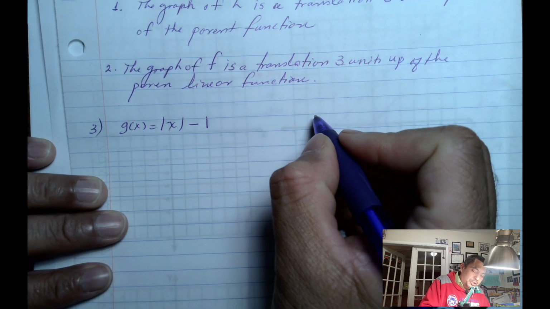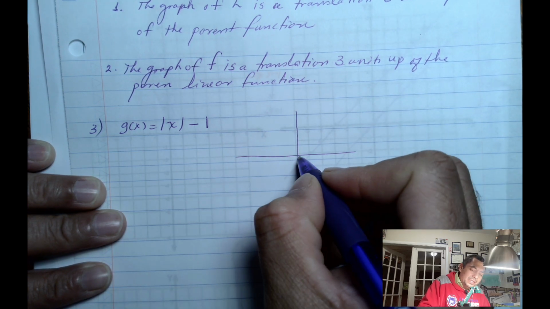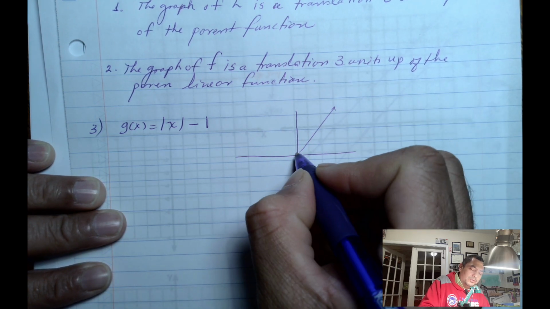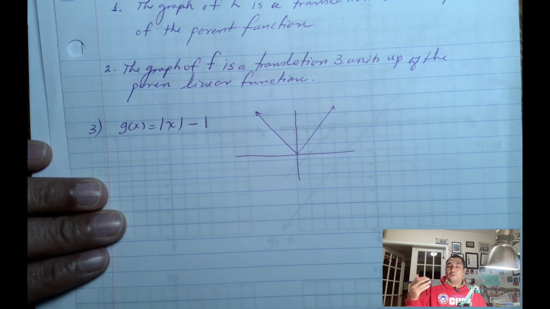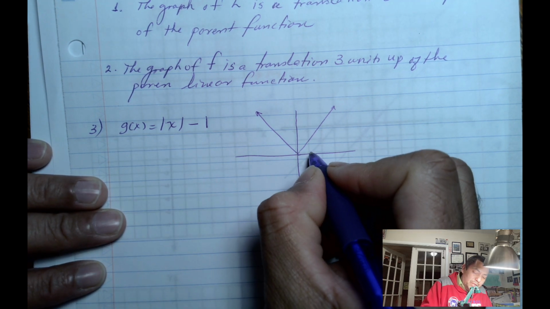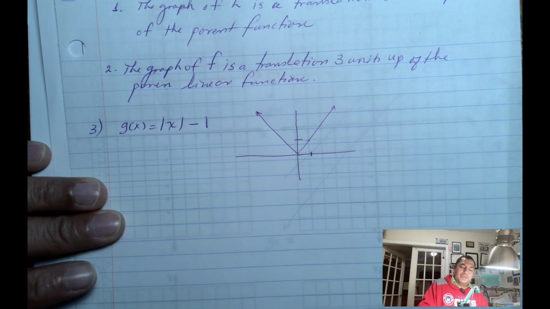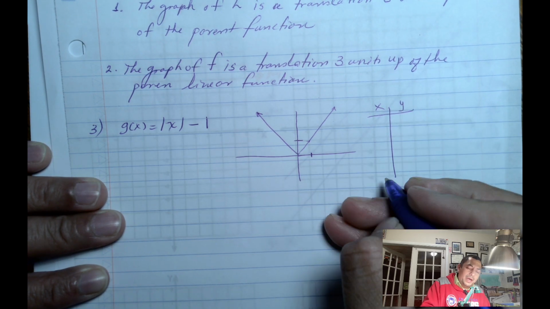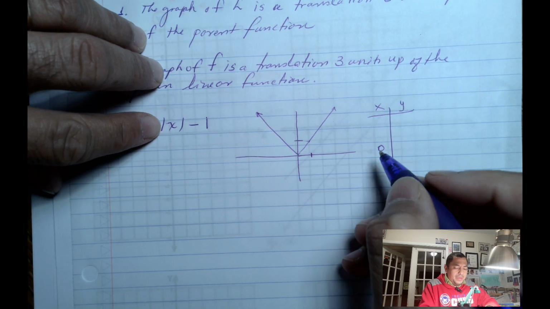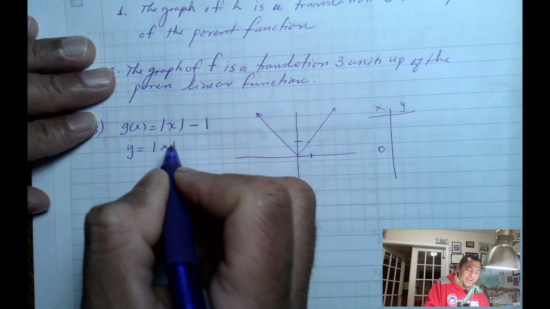Remember that the parent function for an absolute value is a V-shaped function. It's a V shape. And it goes by 1 also. So if I have 1 unit to the right, and then 1 unit up, because let's do the table of values. X, Y, I'm going to do 0. I'm going to have y equals the absolute value of x.